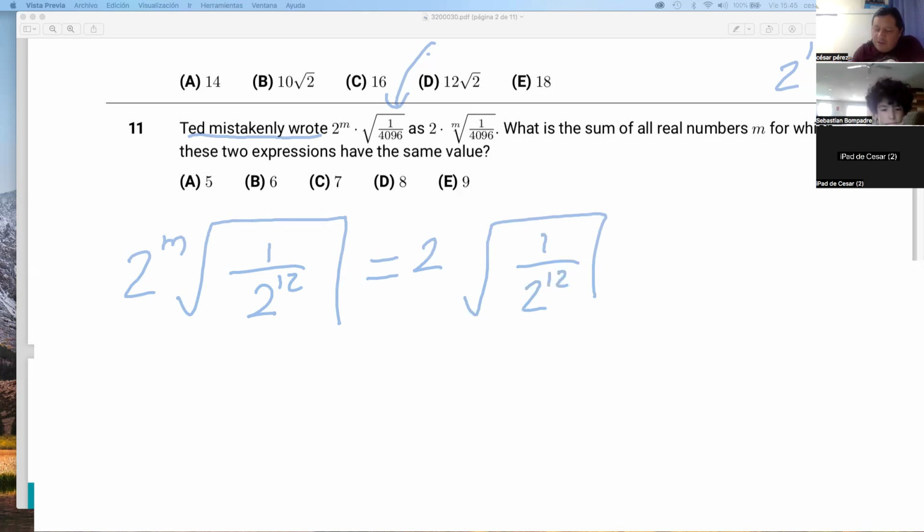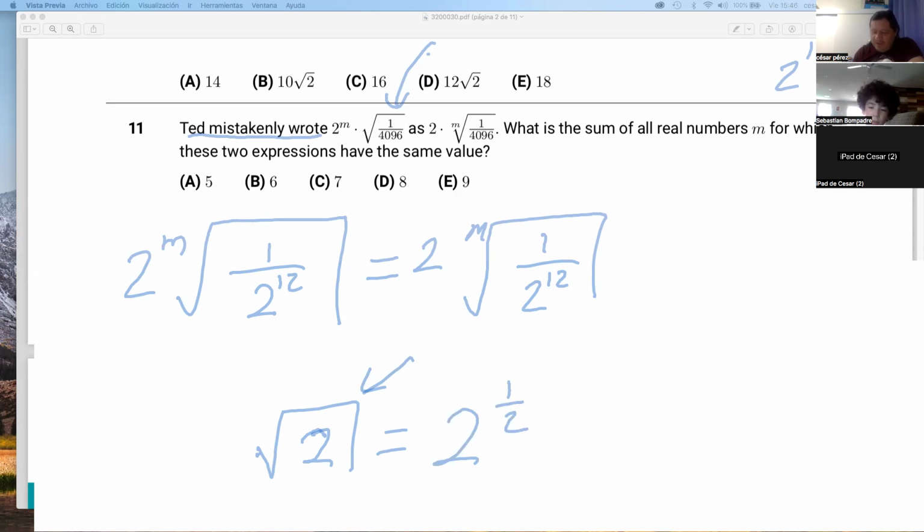But we need the square. No, it's not the square root, it's the root m of this number. Okay, there is another way of writing, for example, the square root of 2. If we use powers, how can we write this? 2 to the half.